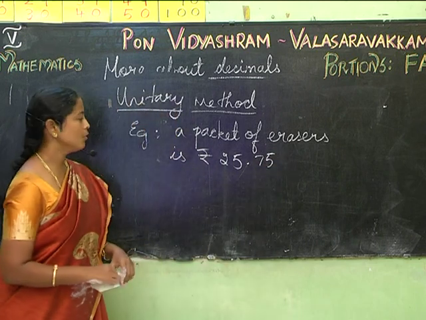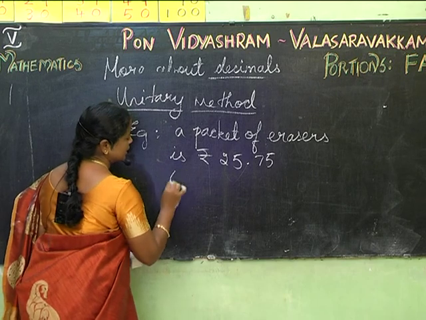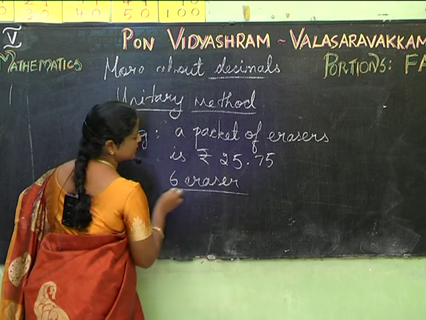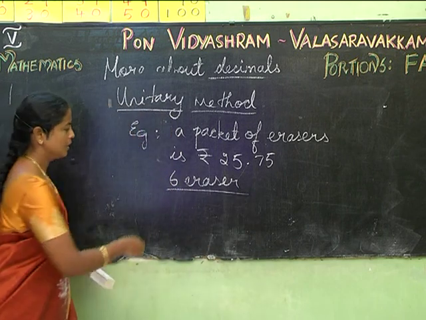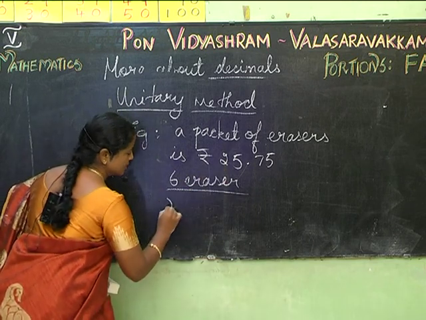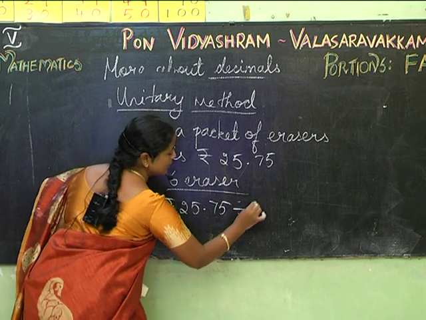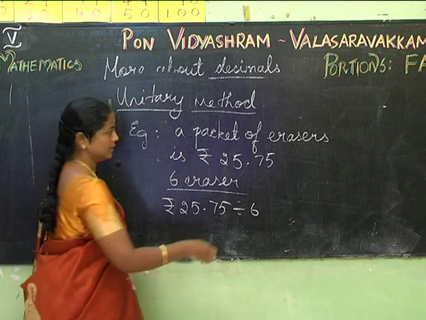Now I would like to know, if there are 6 erasers in one pack, what is the cost of one eraser? We shall do it by dividing, that is rupees 25.75 divided by 6 will give you the cost of one eraser.